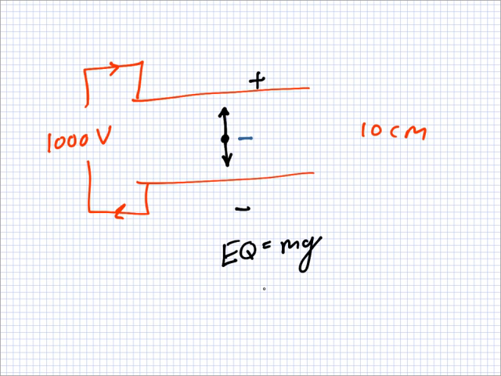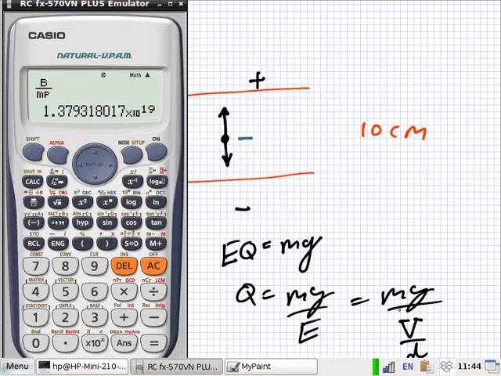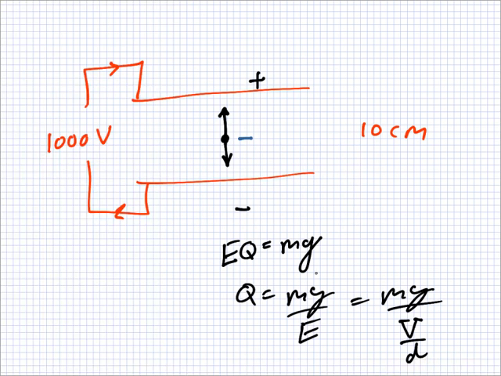Oh, I think I made this too easy, because it's just mg over E. And what did we say E was for these types of problems? V over D. Voltage over the D. So here we get 0.001 times 9.81, and then we have 1,000 over 0.10. So it needs to be 9.81 times 10 to the minus 7.